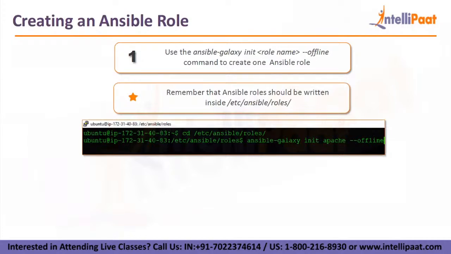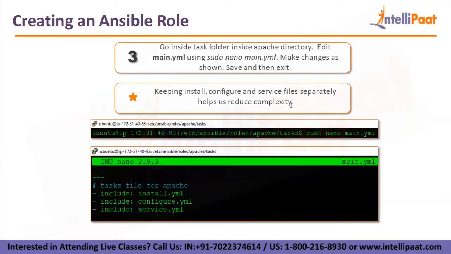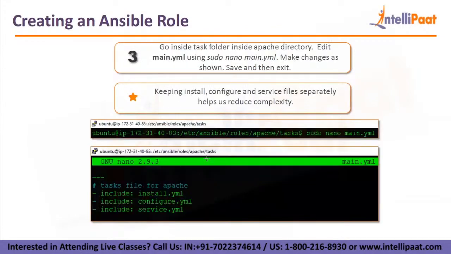So this is the command to create your own role: ansible-galaxy init role name --offline. This is tree, a Linux package which helps you see the file structure in a tree manner. If you see in the tasks, we are including multiple YAML files. There are different ways to write your tasks.